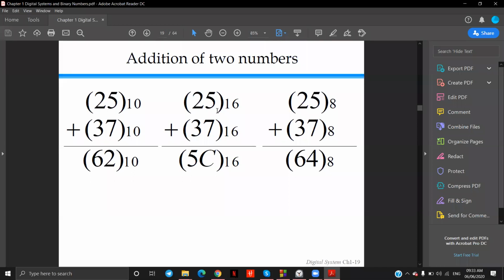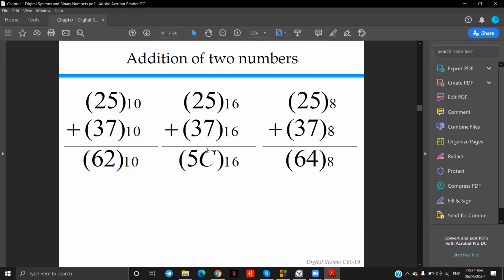In the hexadecimal number system, there are 16 digits: 0, 1, 2, 3, 4, 5, 6, 7, 8, 9, A, B, C, D, E, and F. C is in the 12th position, so 7 plus 5 is equal to 12, and 12 is represented by C. That's why the result is C here.